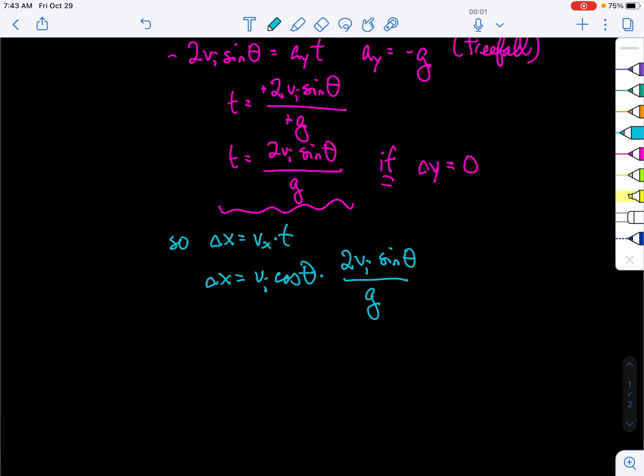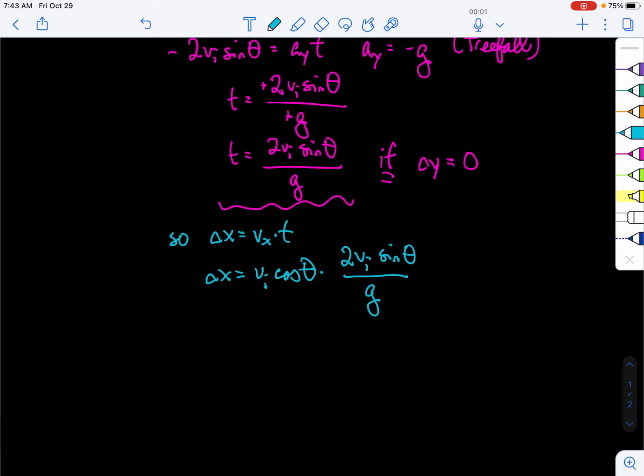So first of all, I'm going to combine all that stuff in the numerator. So this becomes delta x equals 2 vi squared sine theta cos theta all over g. And now we're going to take advantage of a trig identity that some of you may have met already. So we see 2 sine theta cos theta in that numerator.